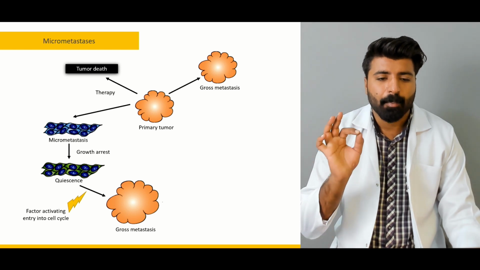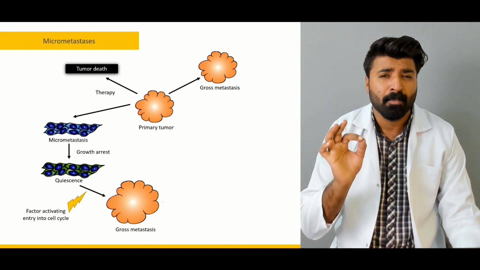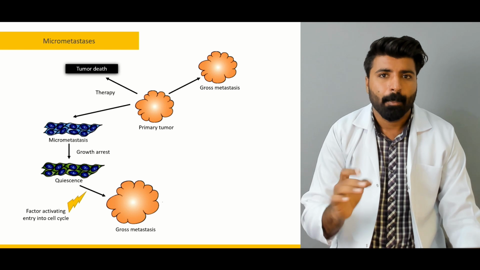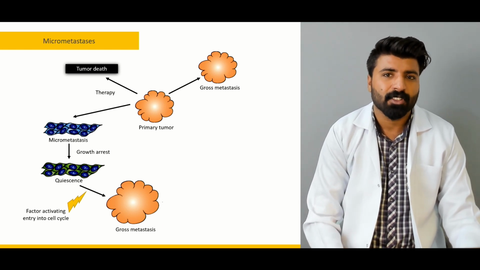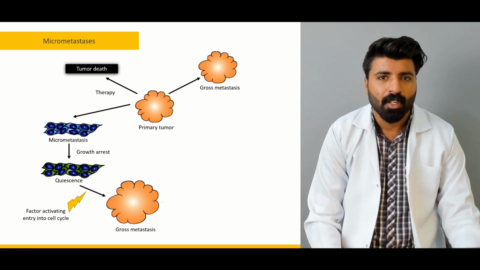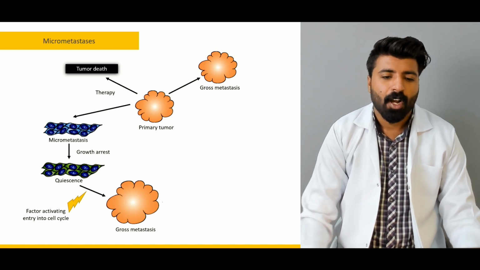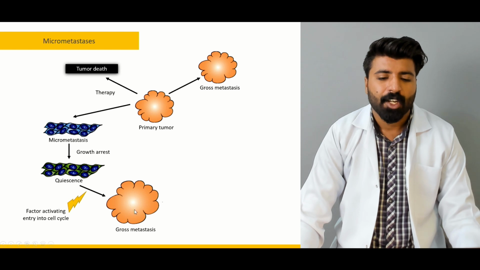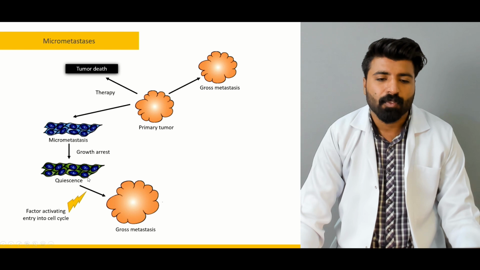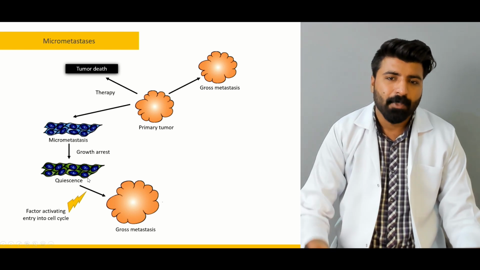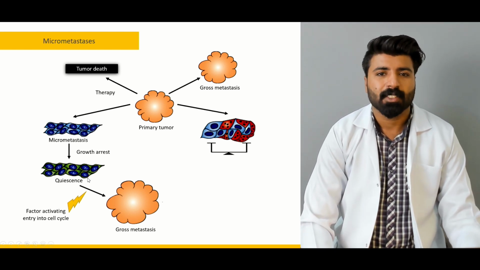So even if the metastasis was very micro, very minute, it was just a cancer cell. It had its mutation. So with time, after going through this quiescence, it will go to gross metastasis. It will get all of those things needed, and it will replicate, and it will lead to gross metastasis.